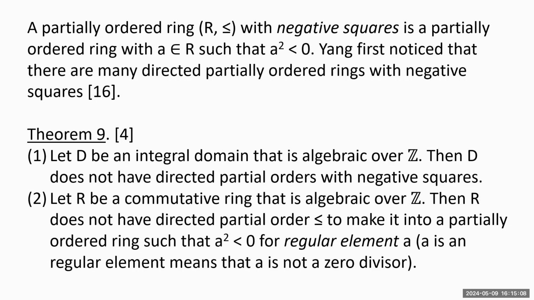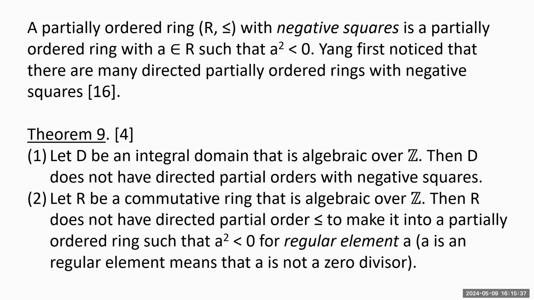Now we can prove the following. Let D be an integral domain that is algebraic over Z, then D does not have a directed partial order with negative square. This result is generalized to an arbitrary commutative ring. Let R be a commutative ring that is algebraic over Z. Then R does not have a directed partial order such that a squared is less than 0 for some regular element.